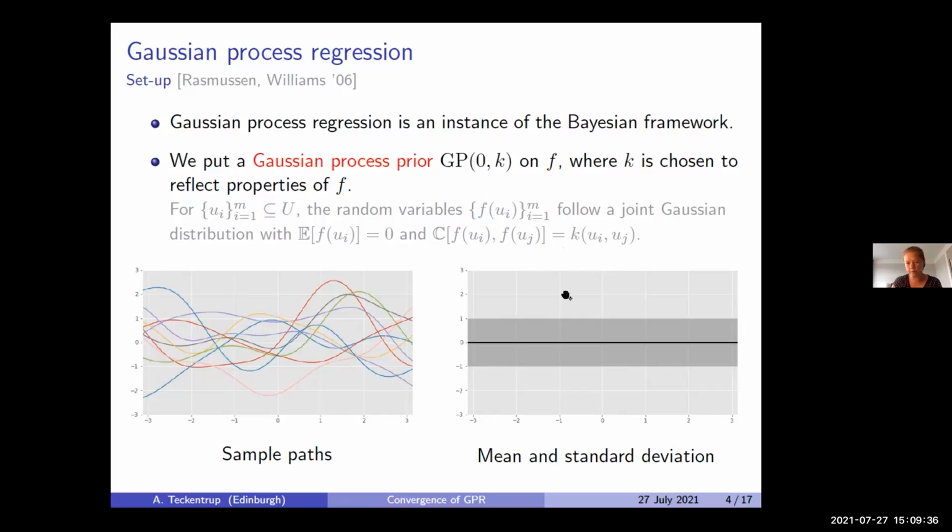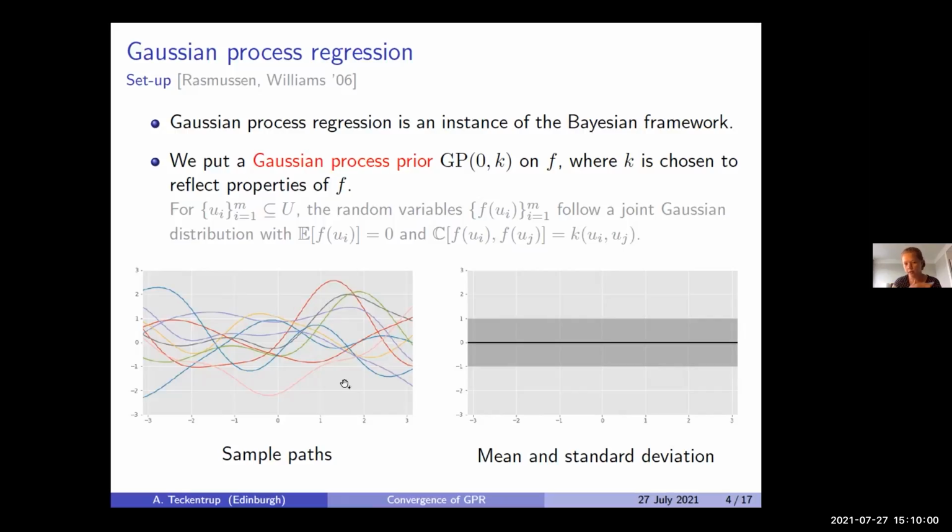Visually, it looks like this. So you choose some mean function, which here we've chosen to be 0. So just a constant mean 0. And then you also have some standard deviation at every point, which here is just 1. And so if you look at sample paths or realizations of this Gaussian process, you get functions that look something like this, right?